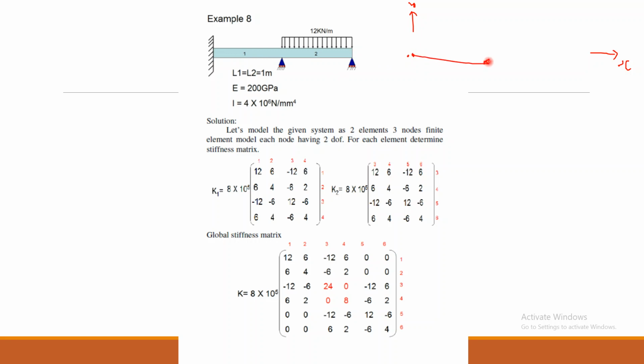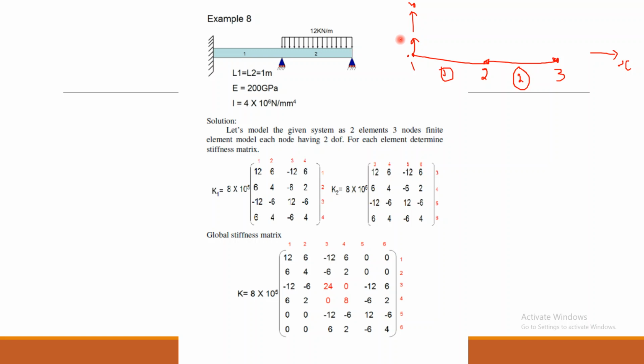Let us call the first element number 1 and the second element number 2. This has node 1, this has node 2, and here it has node 3. In addition, I have to denote the displacements.